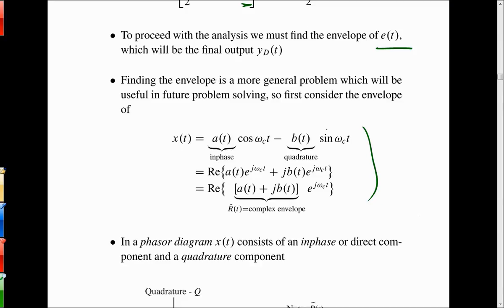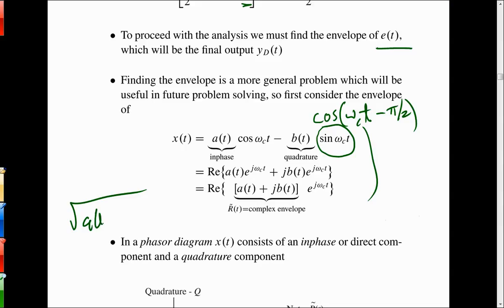All I really have to do from the phasor addition formula, when you did the phasor addition formula, you had to have it all in cosines, right? So if I modified this to make this be cosine omega ct plus pi over 2, right? That's all I'd have to do. But then if I wanted to do the phasor addition formula, it would say I have to take a of t squared plus the component that's going to come out from this second cosine term, which would be the minus b of t.